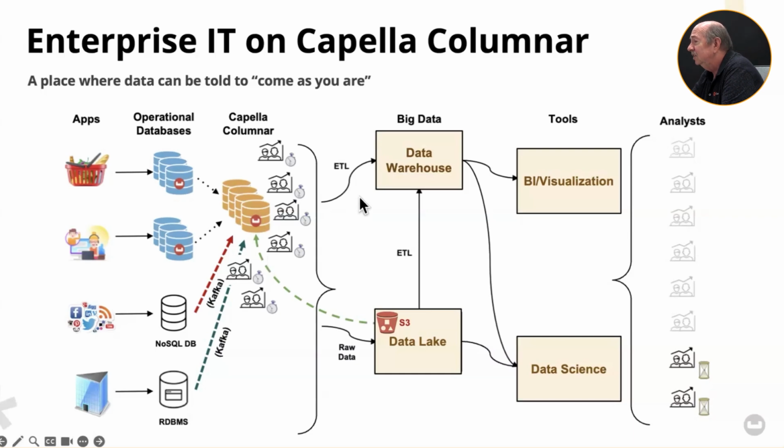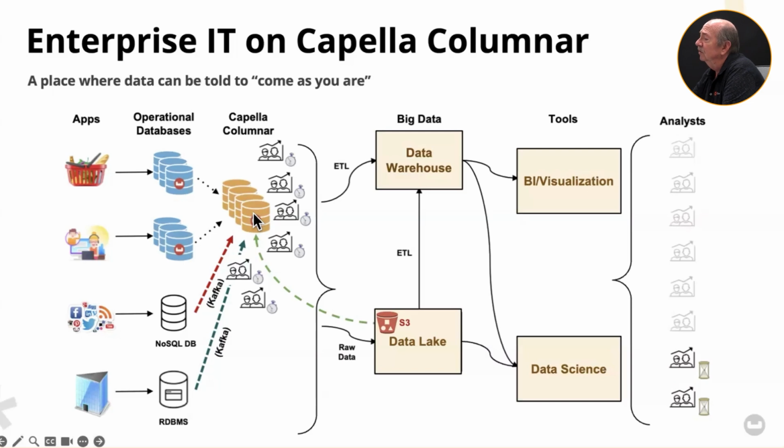The data can still be going into a warehouse, can still be going into a data lake, but much more can be done on the data as it is right now. What do I mean by that? If you have your applications feeding your operational databases, your call center, your scraping of social media, all those things can deposit their data in the form that it is, JSON data, into Capella Columnar.